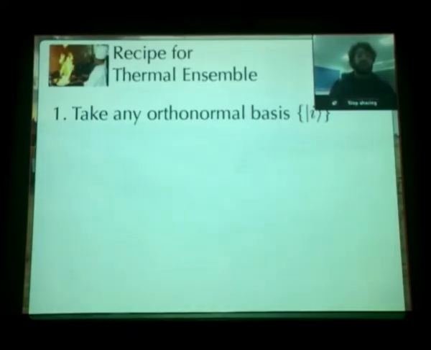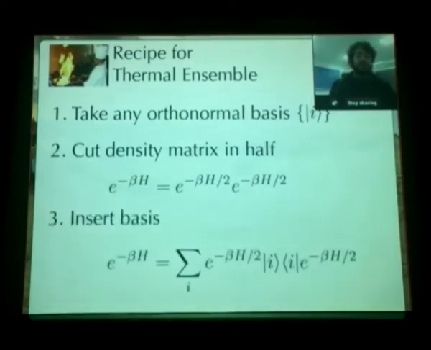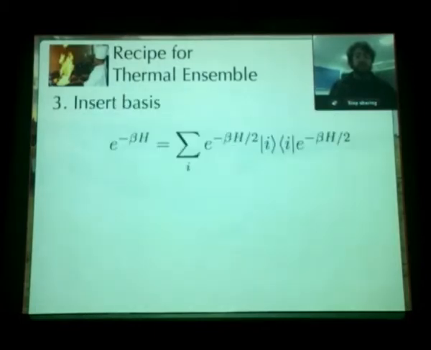So let's take any basis, labeled here by the states I. It can really be any basis you like. To prepare a thermal ensemble from this basis, take the density matrix at temperature beta and cut it in half, meaning the square root times the square root. That's an exact thing you can do. Then you insert a resolution of the identity between them, which just means a sum of the outer product of I with I. The reason you want to do this is to keep everything looking symmetric.